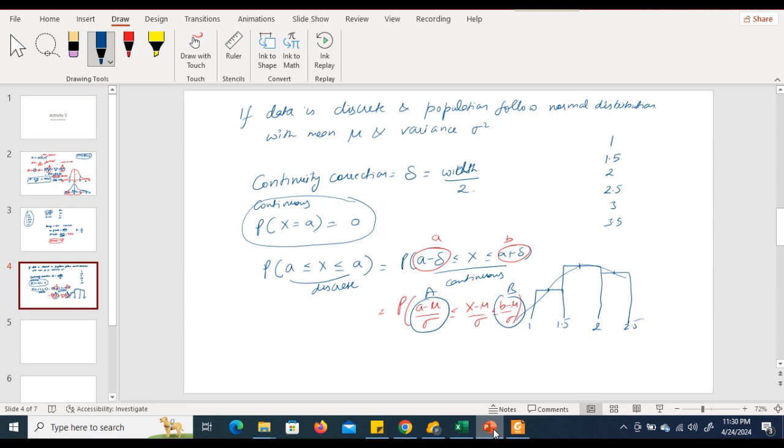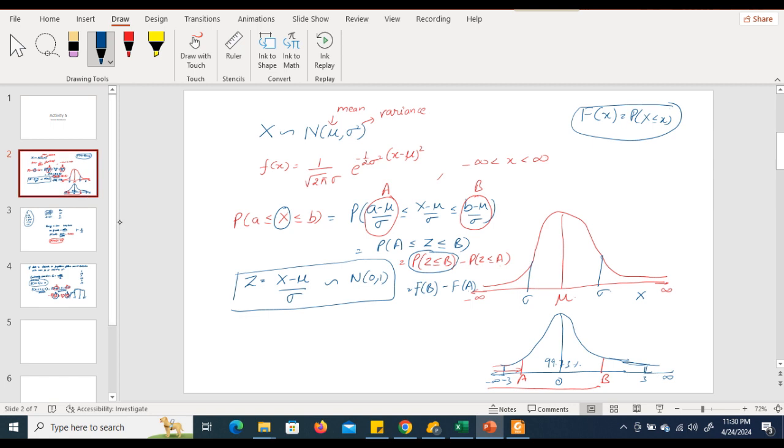Like I told you, if I want to calculate the probability from the interval A to B, what is the meaning of F of b? F of b means cumulative, so we have calculated the normal distribution. What is x here? Here x is a in the lower limit, and b in the upper limit.